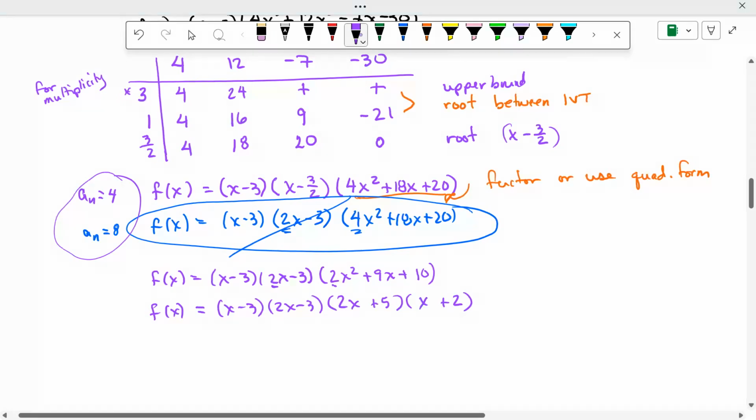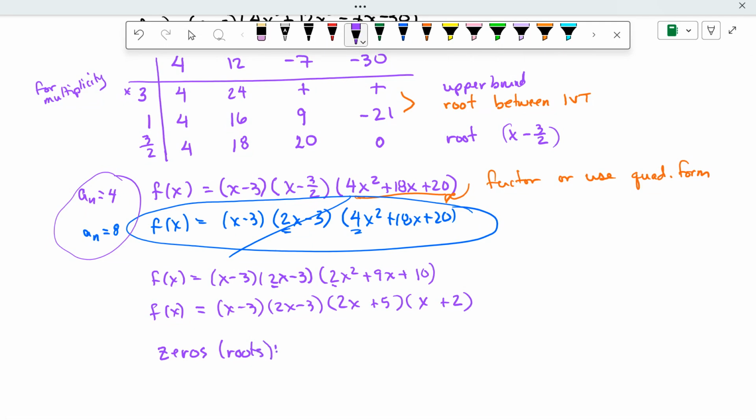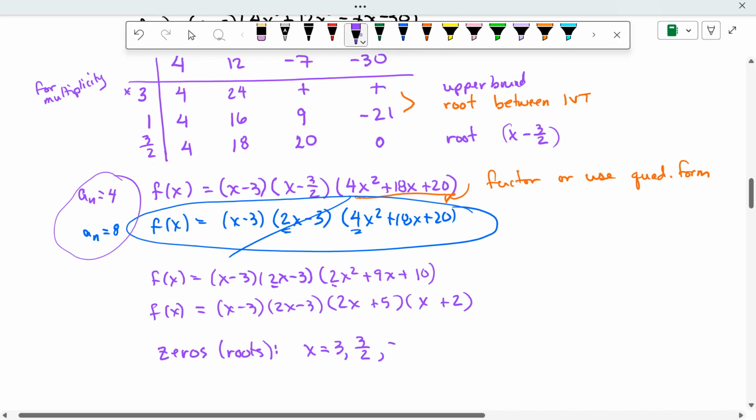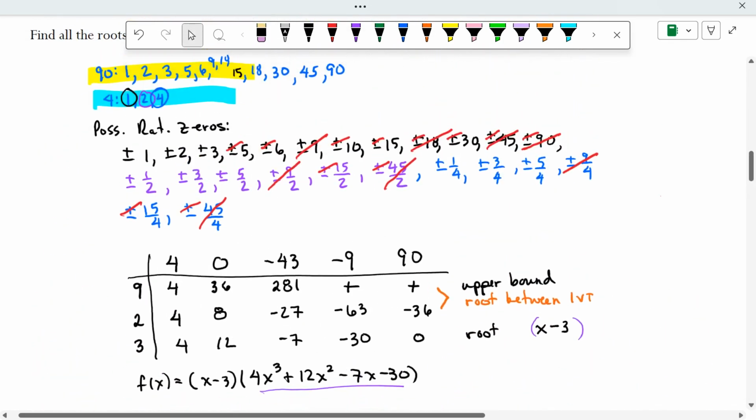So that's going to give me 4x, and 5x gives me 9x. So now my zeros, or my roots of my polynomial, are at 3, 3/2, -5/2, and -2. And what you see is all of those were in that original list.